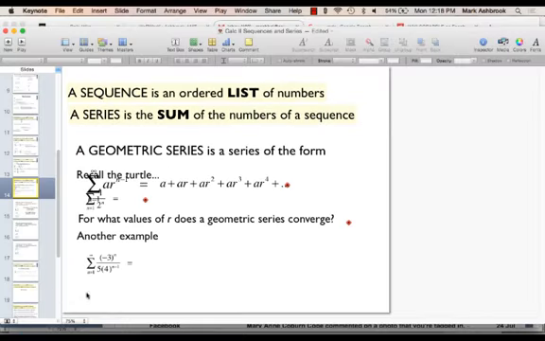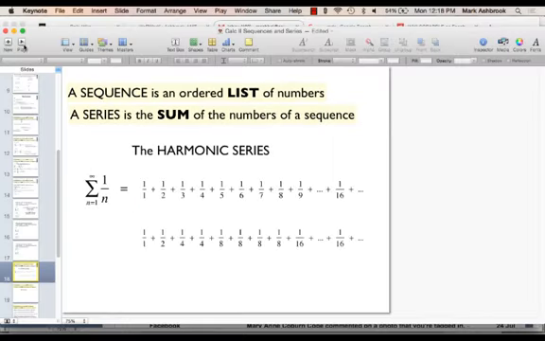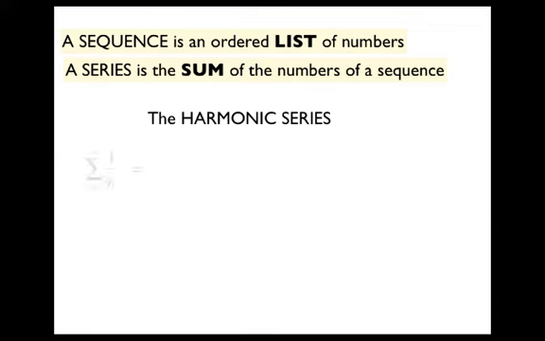So let's look at something called the Harmonic Series. You see this? This is called the Harmonic Series, 1 over n. You think what?